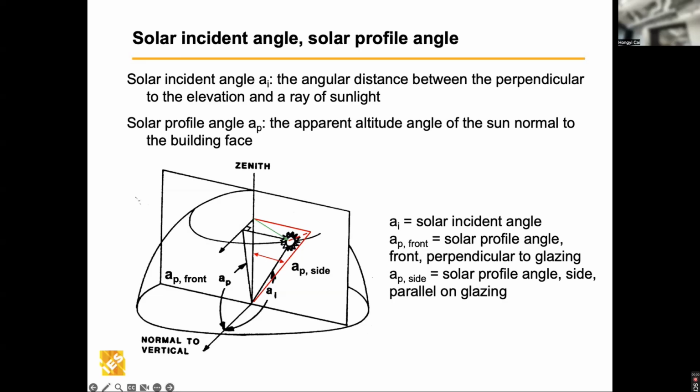So this angle should be the front profile, right? Your side profile angle is the other way. For the side profile, you have your sunlight projection on your side wall. Let me show you another step to make it clear, because we cannot actually see this side profile angle in this way. So let me show you the other direction.